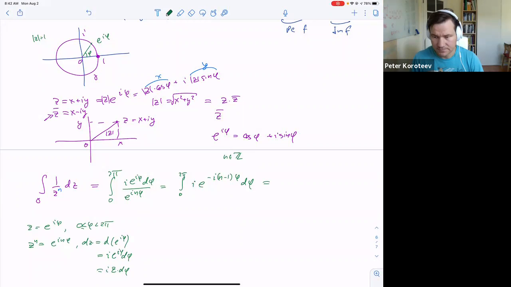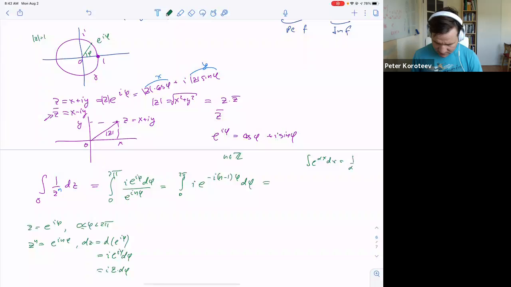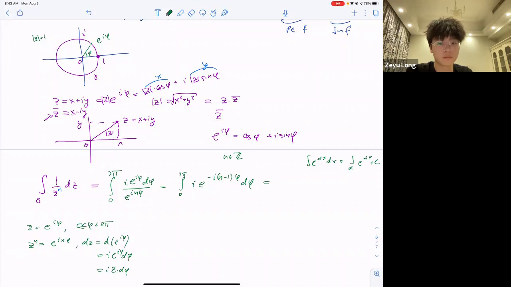So what's the integral of e to the alpha x dx, right? It's 1 over alpha e to the alpha x plus a constant, right? So the integral of this, so i is the coefficient.